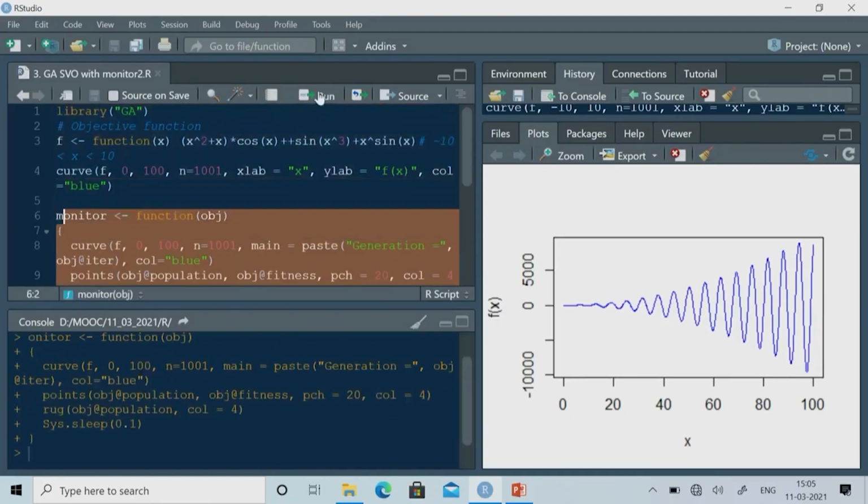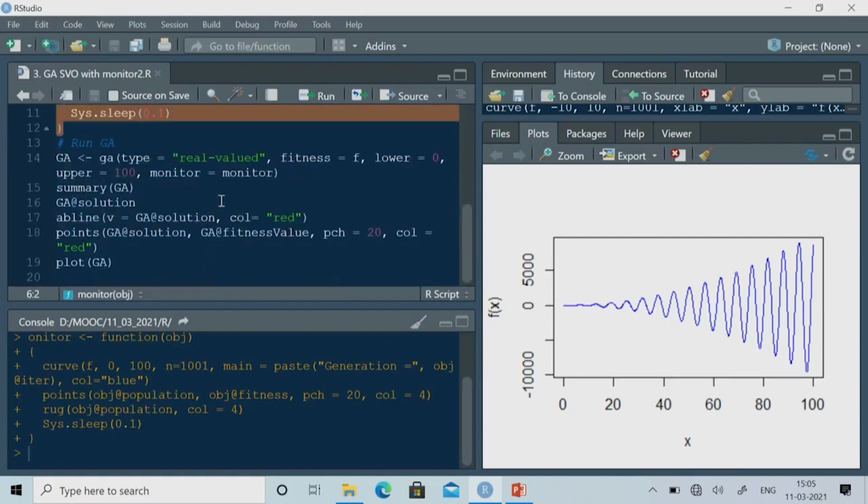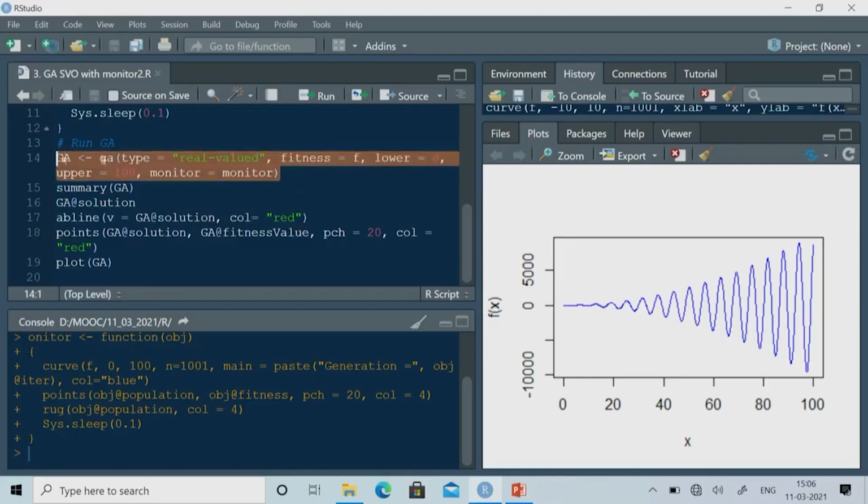Okay. I have executed this monitor function, and now you execute the GA function. This is the same function. Here I have used lower bound 0 for this particular problem and upper bound 100, and I would like to monitor the progress. Let us run this particular line.